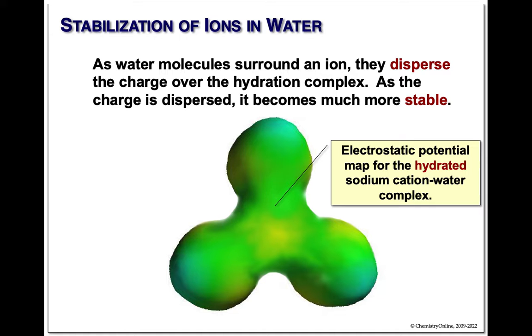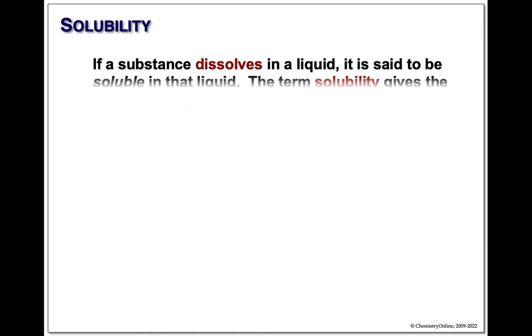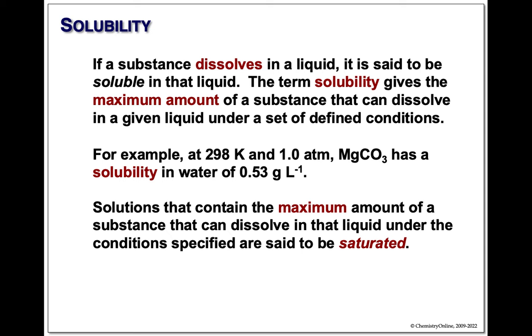But water doesn't live in groups of 3. It lives mostly in groups of 8 to 10. So we'll see what happens when we expand this to 8 water molecules. But first, let's just do a little bit of nomenclature here.